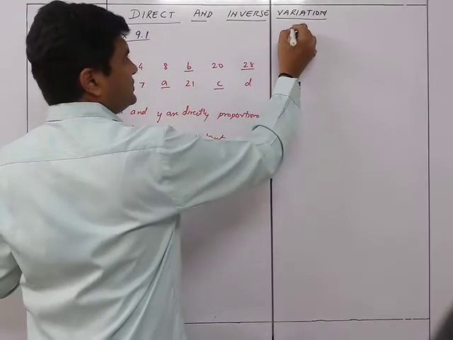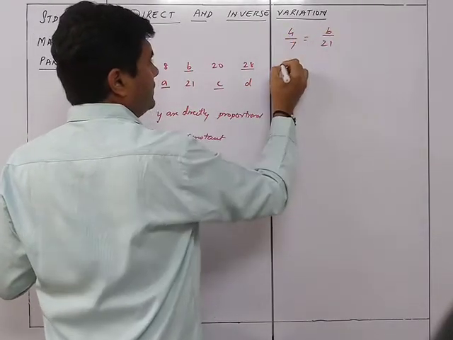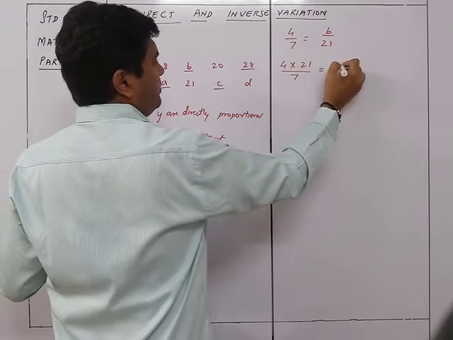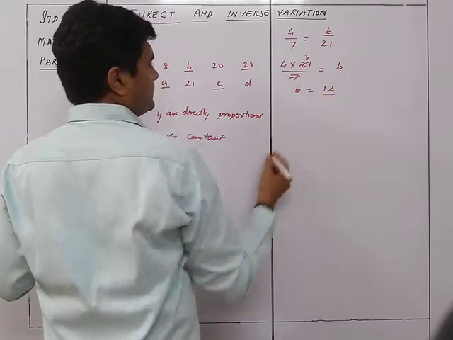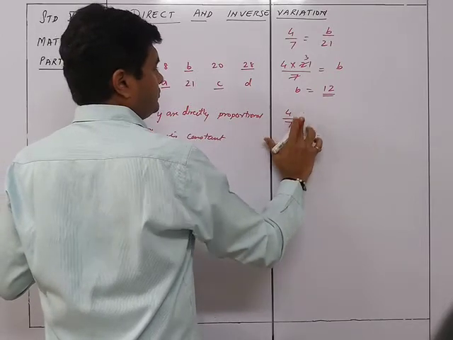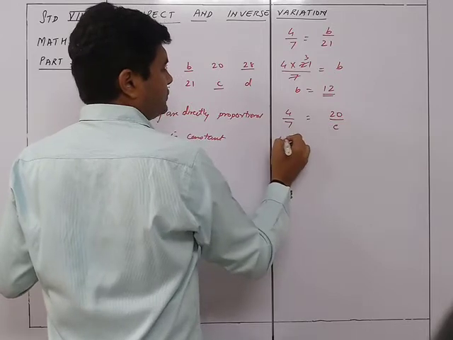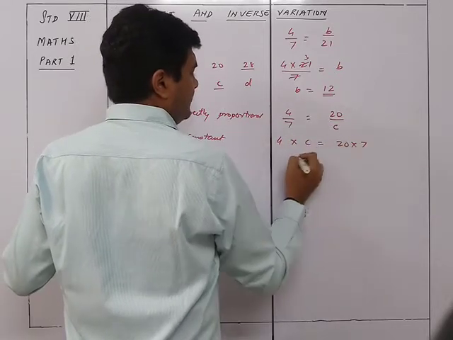Next we see 4 upon 7 is equal to B upon 21. So 4 into 21 upon 7 is equal to B. Therefore B is equal to 12. Next is 4 upon 7 is equal to 20 upon C. So 4 into C is equal to 20 into 7.